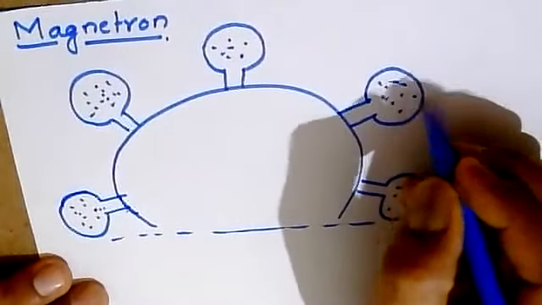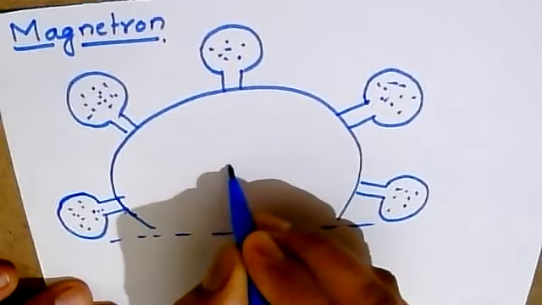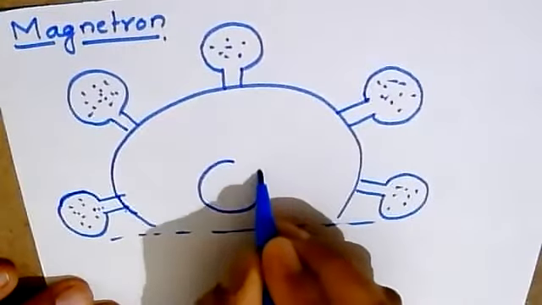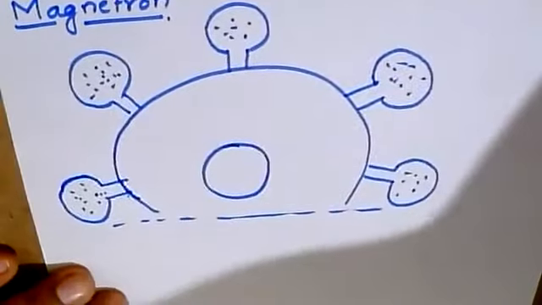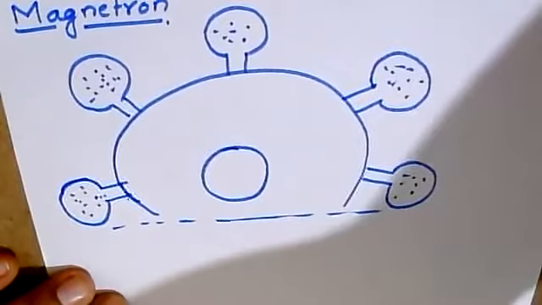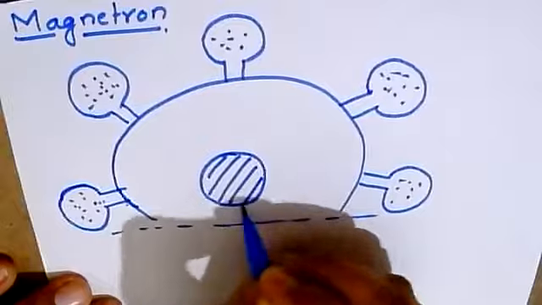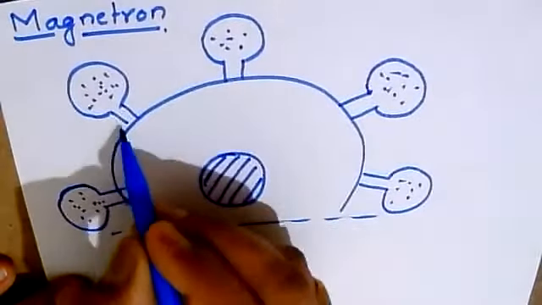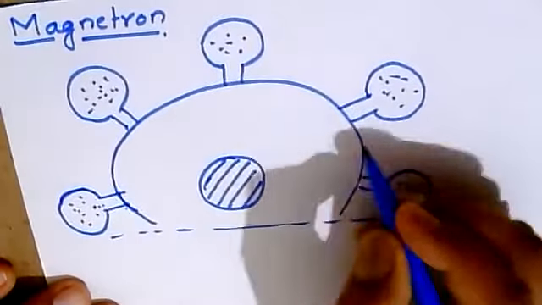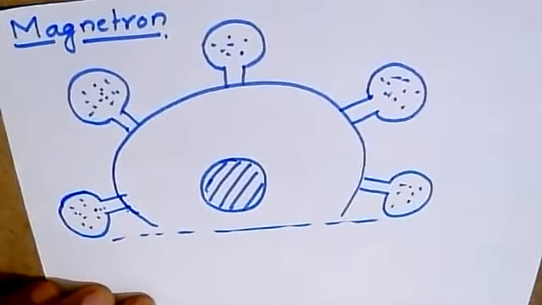So with this RF field, as I told, at the center we have a cathode. Let me explain what the fields are. As I told, there is a magnetic field and an electric field operating on it.